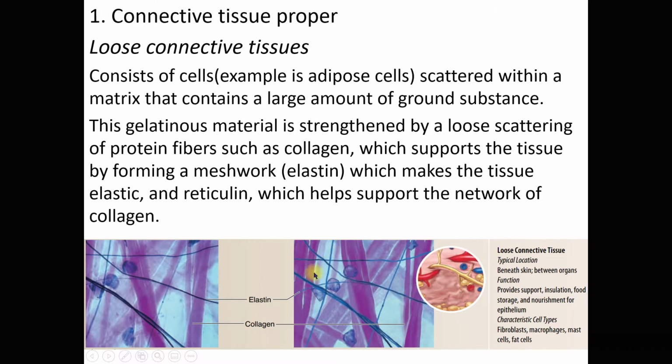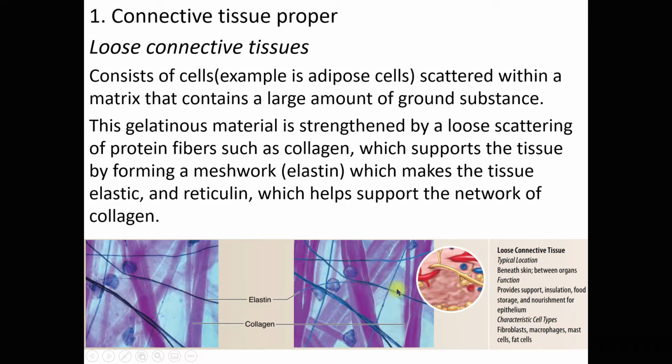Can you see here? This is the matrix where the connective tissues can be found. Kalau tengok matrix ini dalam bentuk kartun ini, gambar ni, lukisan ni, drawing. Yang kuning ni ialah adipose cells, which make up the adipose tissue. Now, this adipose tissue is scattered within this matrix.